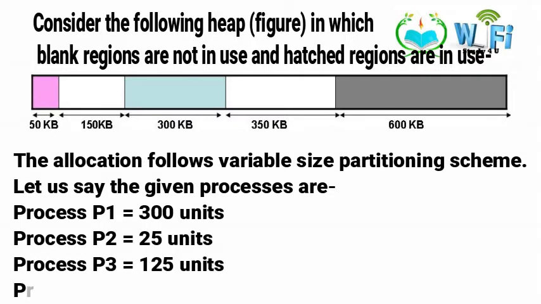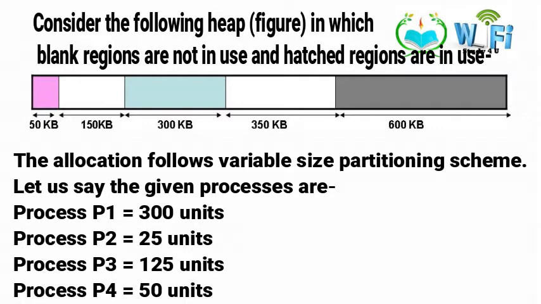This is the allocation flow of the variable size partition scheme. According to the question, P1 equals 300 units, P2 equals 25 units, P3 equals 125 units, and P4 equals 50 units.